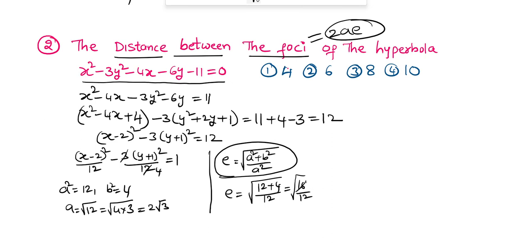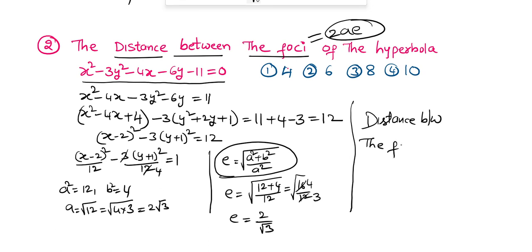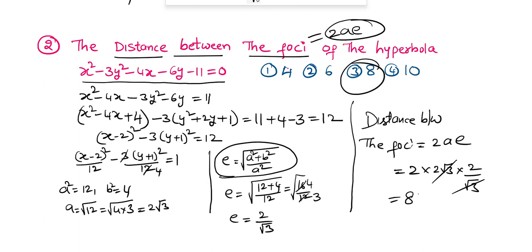Here 4 cancelled, and e = 2/√3. Now the distance between the foci is 2AE, that is 2 × 2√3 × 2/√3. Here √3 cancelled, and 2 × 2 × 2 is 8. The third option is the correct answer.